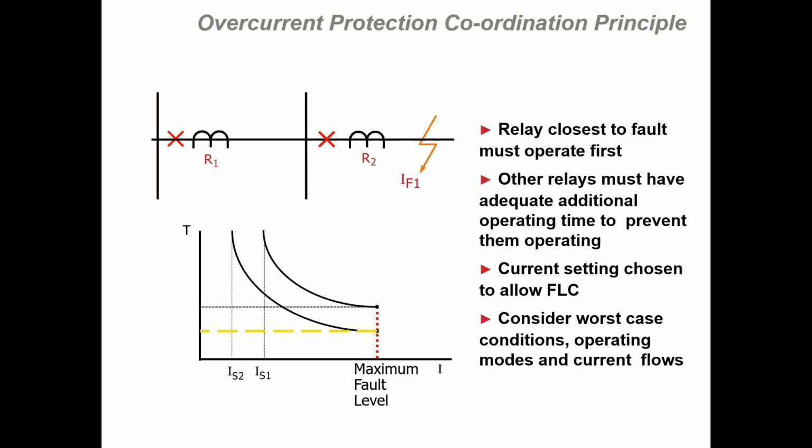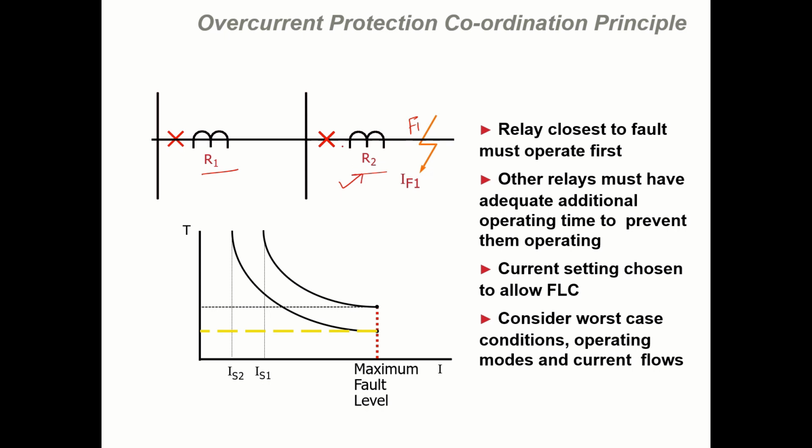Now, suppose we have a portion of a power system in which we have two relays, R2 and R1. For a fault at F1 with a fault current IF1, the relay closest to the fault, that is R2, must operate first.